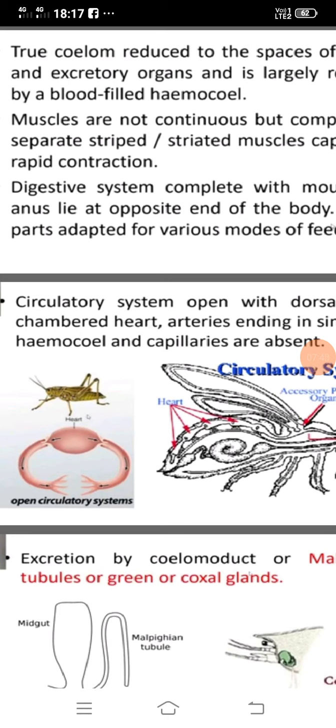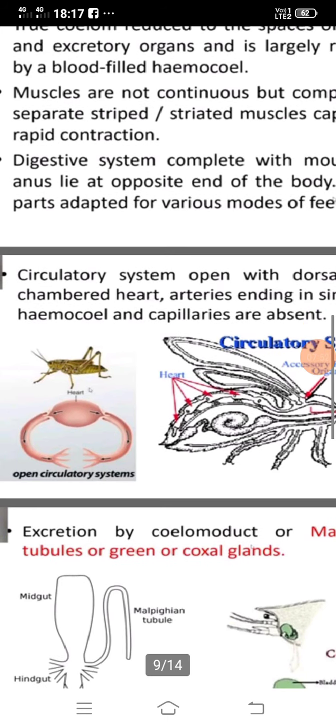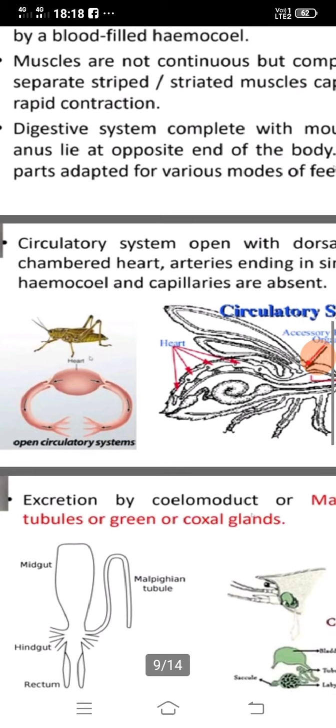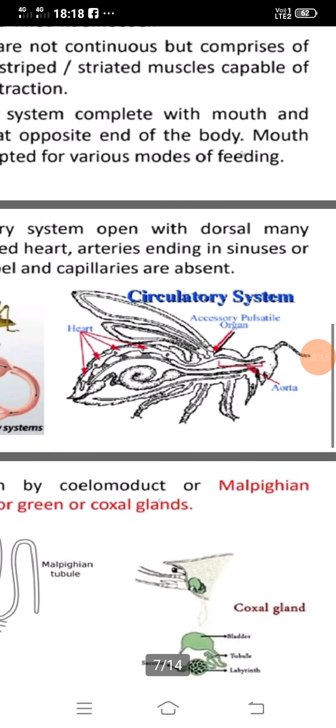You can see in this diagram that the blood from the heart is coming from the arteries, and then it is coming in direct contact to the tissues. It is not directly continuing from one side of artery to the other sides of the arteries or corpuscles or the capillaries. And it has a many chambered heart.